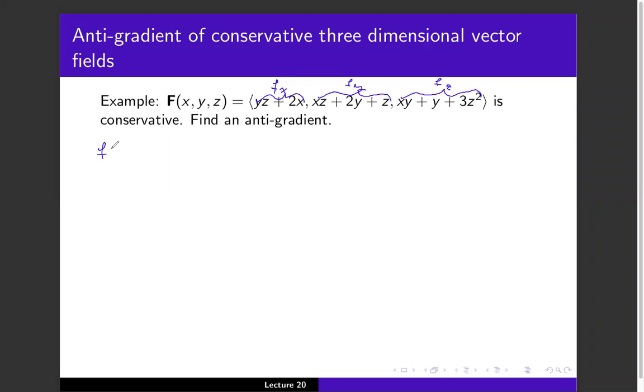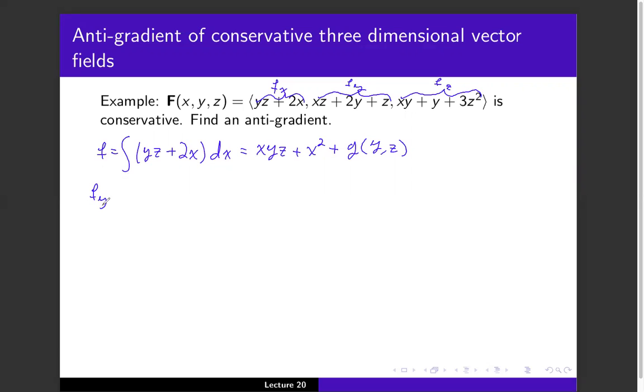So we know that f is the antiderivative of yz plus 2x dx, which is xyz plus x squared plus some arbitrary function g that depends on y and z, because both of those are going to disappear when you differentiate with respect to x.